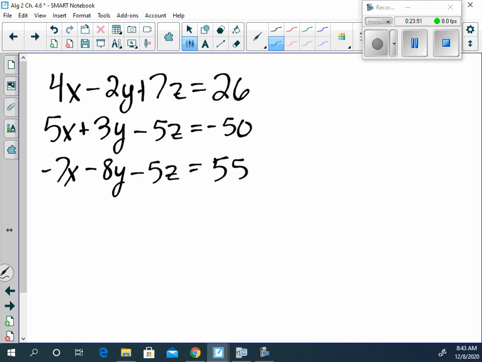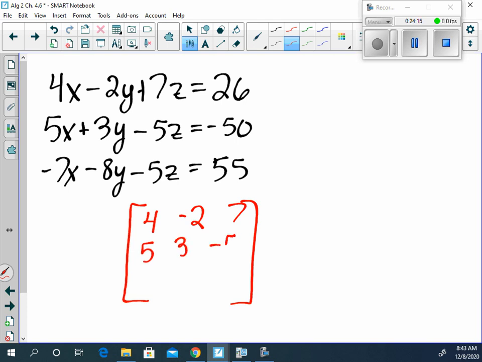Okay. So what we'll do next is we'll look at this 3-variable system of equations. Now we'll do it the exact same way. So going across the top, we'll have 4, negative 2, 7. The next one's going to be 5, 3, negative 5, and then we'll have negative 7, negative 8, negative 5.